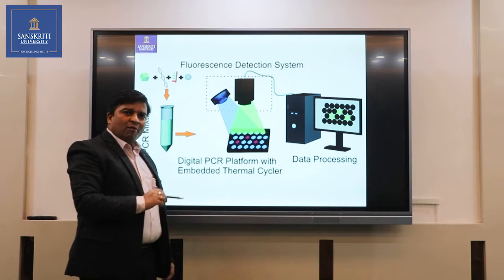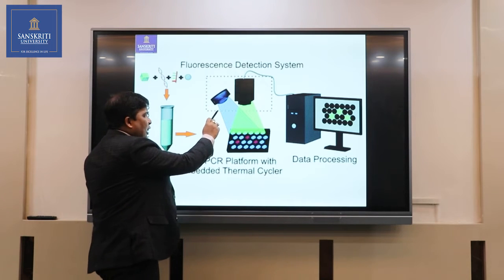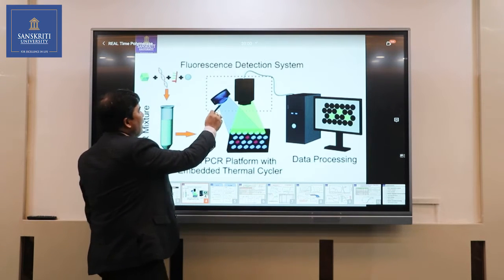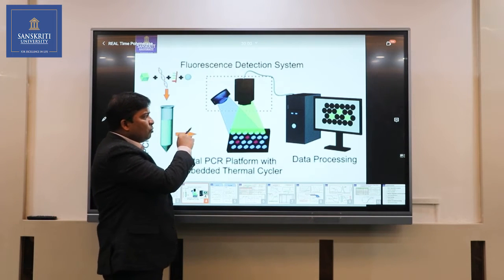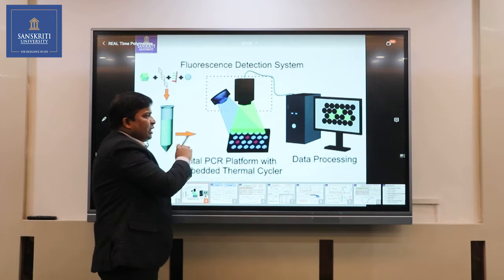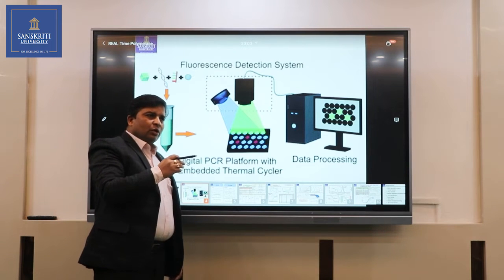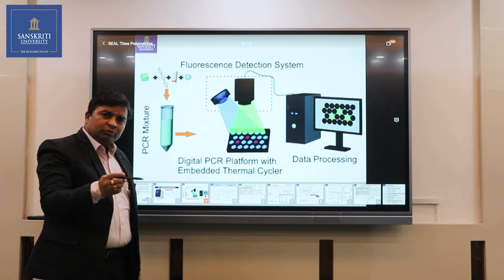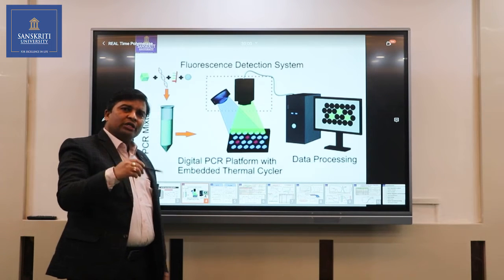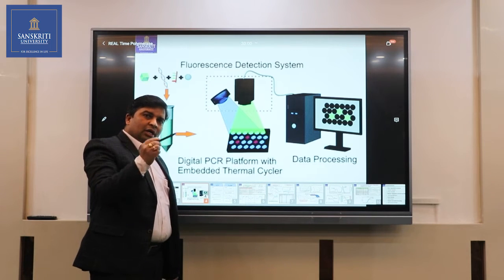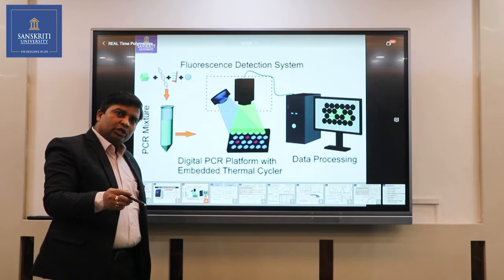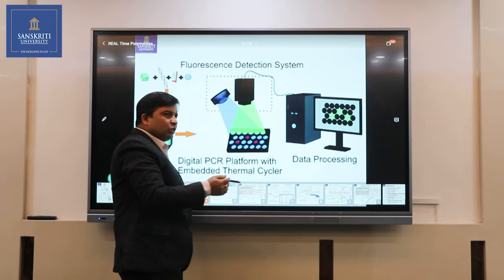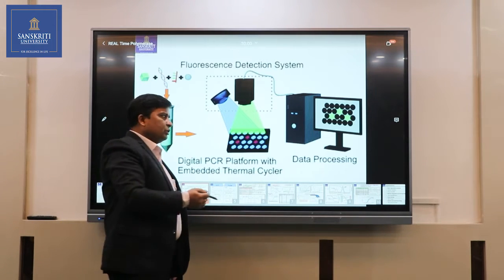If amplification is going on, then after exposure to the UV light, it releases green fluorescence that is detected by the fluorescence detection system probe, and the probe sends the information about the amplification to the computer. The computer has software that analyzes whether the sample is positive or negative, and whether genes are upregulating or downregulating. So we can detect whether samples are positive or negative, and also learn about the expression of different genes. Both types of studies we can do here.